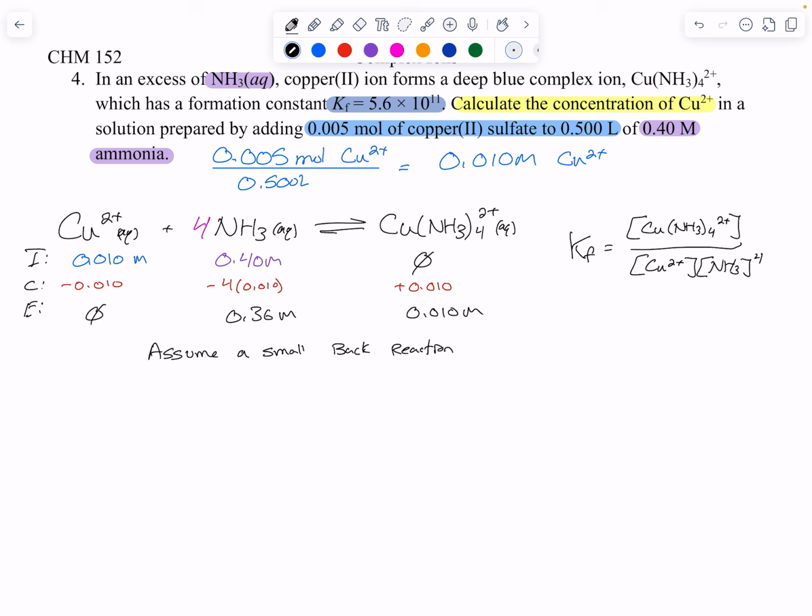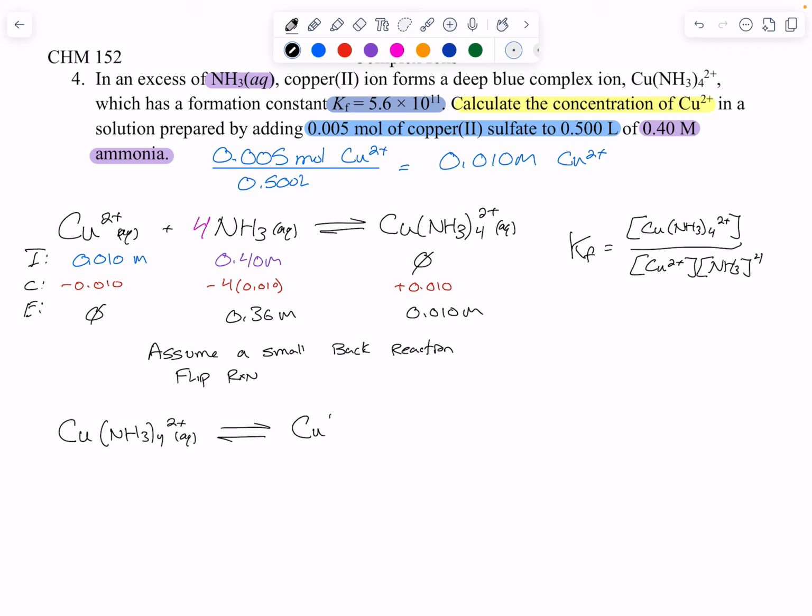All right, so we're going to flip the reaction. So if I flip the reaction, what happens? We would have Cu(NH3)4 2+.